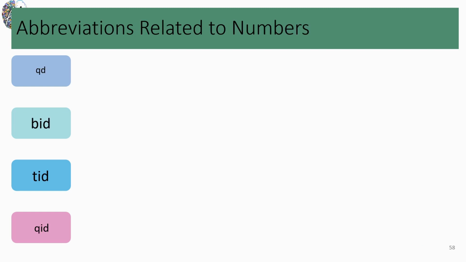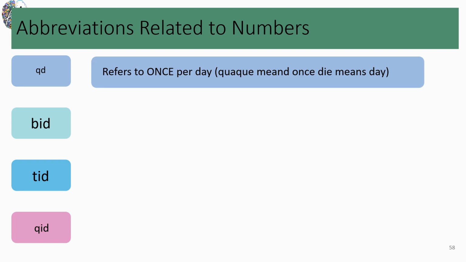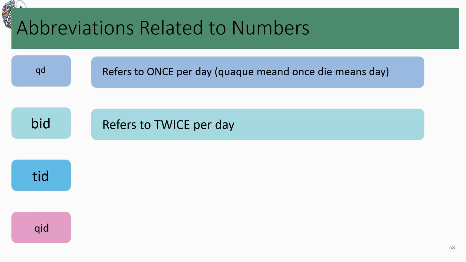Okay, so now let's look at the abbreviations that go along with them. So QD refers to once a day. Okay, that is the Latin, and please don't ask me to pronounce that much Latin. But those 2 words that you see on your screen do refer to once per day. BID, right, that BI portion refers to that bi we just saw with the prefixes and refers to 2 times per day.